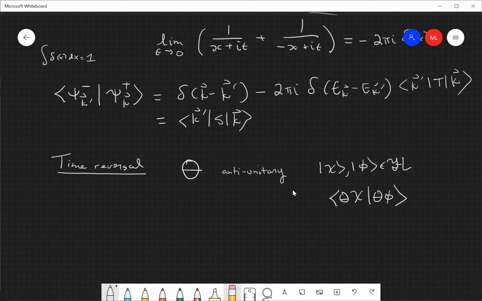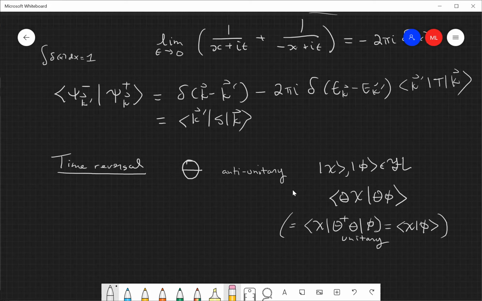Now, if this were a unitary operator, I would normally say this is nothing but chi, then theta dagger theta, phi, and that's equal to chi phi. That's if it were unitary, because I could then replace theta dagger theta with just the identity.